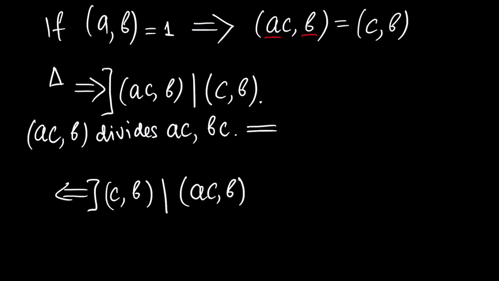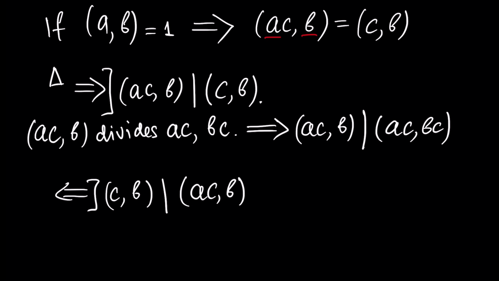Next, since this number divides two numbers, we know from the previous result that the set of divisors of these two numbers and their GCD coincide. That's why if this number divides these two numbers, it has to divide the GCD of these two numbers. That's why our number, GCD of AC and B, divides the GCD of AC and BC.